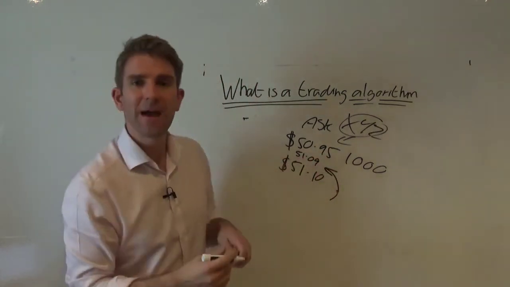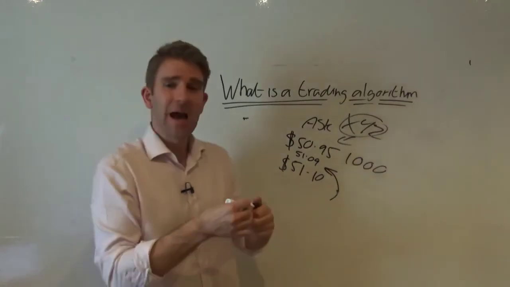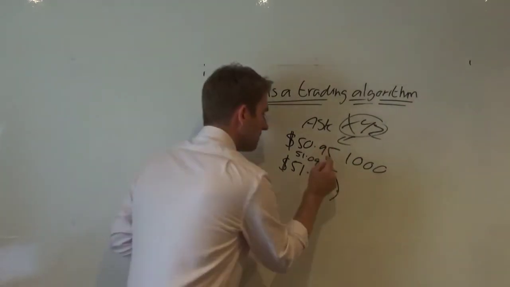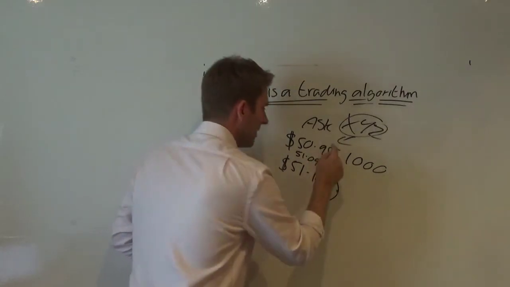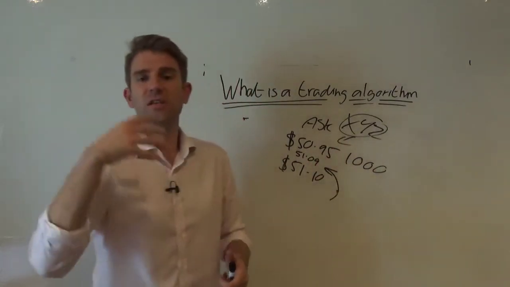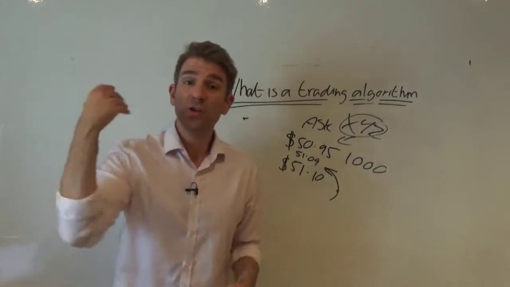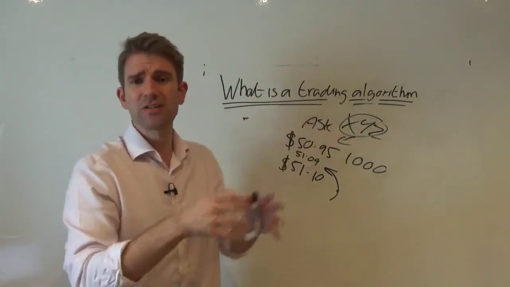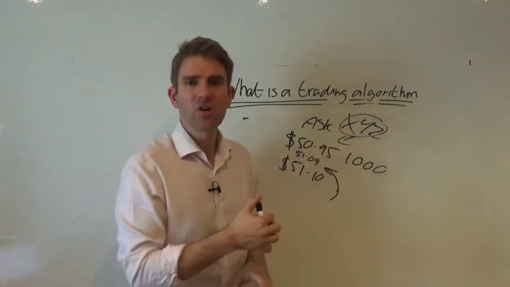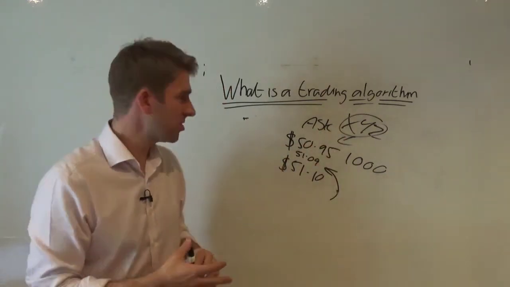So just below the next offer, and in a split second you've been filled at 51.09. The HFT guy has made the difference between 51.09 and 50.95 on 1,000 shares. Thank you very much indeed. Doing that on multiple time frames and adjusting spreads. That's a very simplified example. That's ultimately what the high frequency traders were doing.